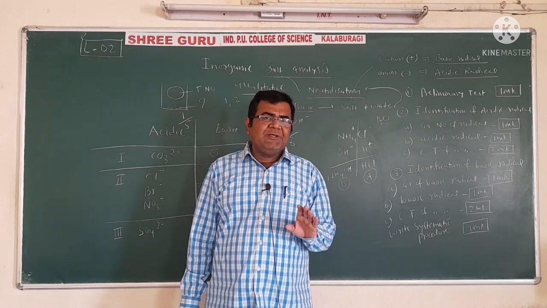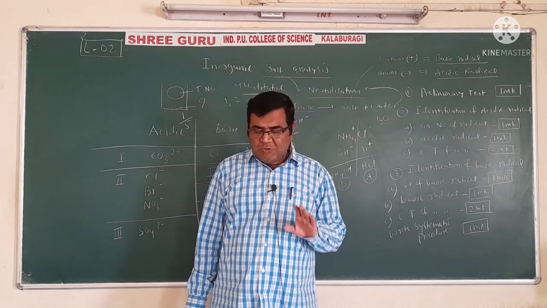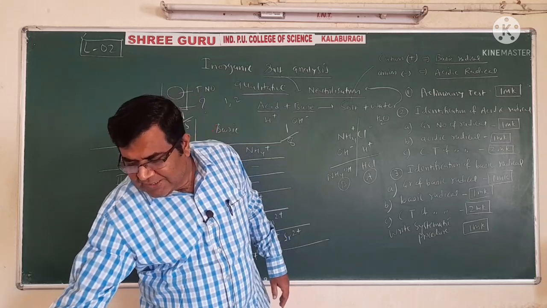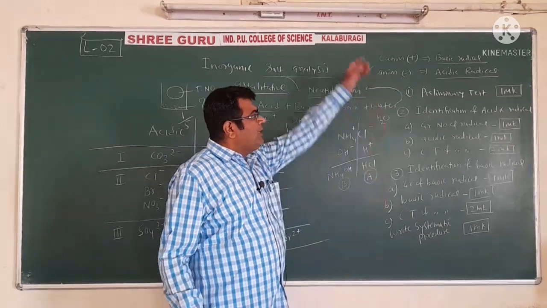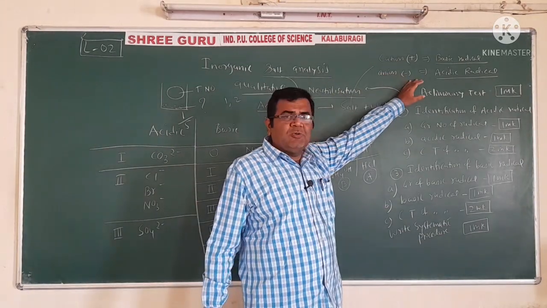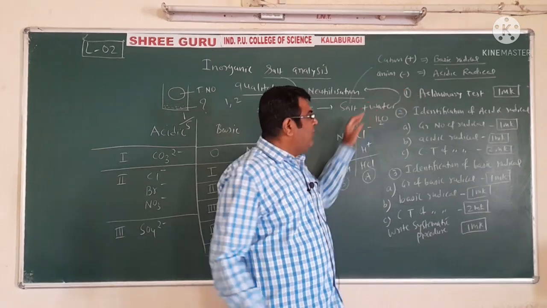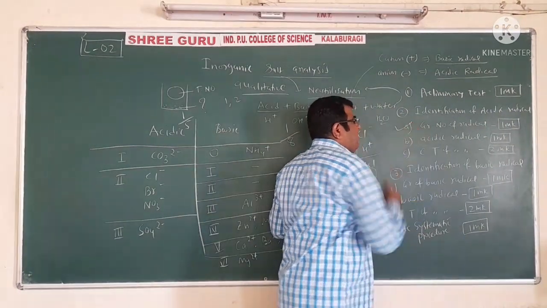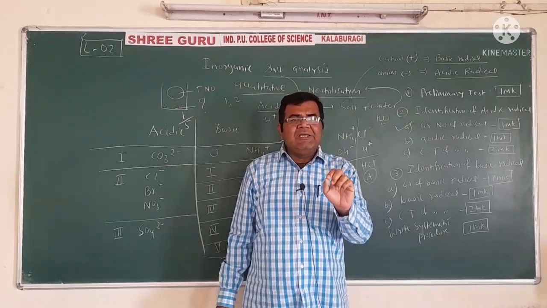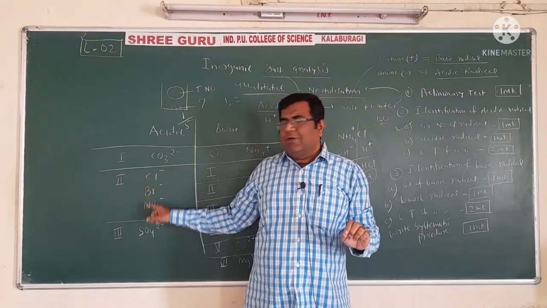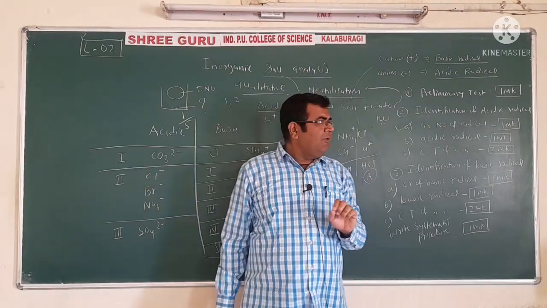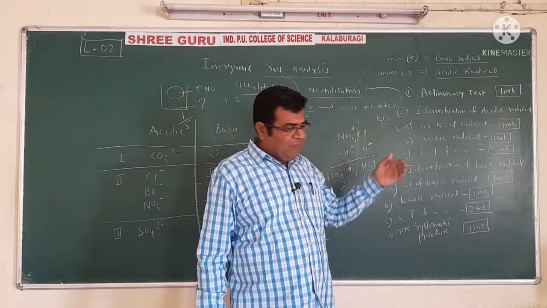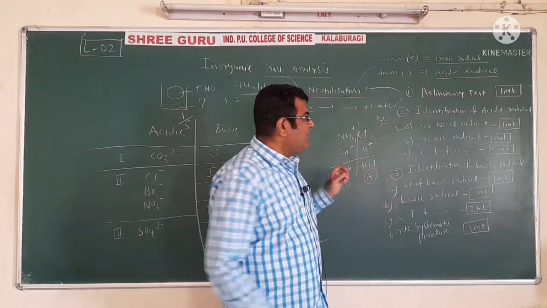So no overwriting. And you have to report 6 times to the examiner. Which are the 6 times? Preliminary test, no need to report to the examiner. But the group number of acidic radicals, you will tell clearly, group number 1, 2, 3 I have obtained. And you have to obtain the signature also. You write on the answer paper and obtain the signature.